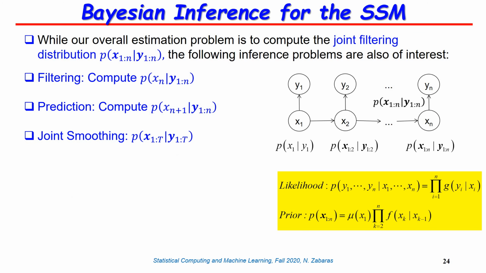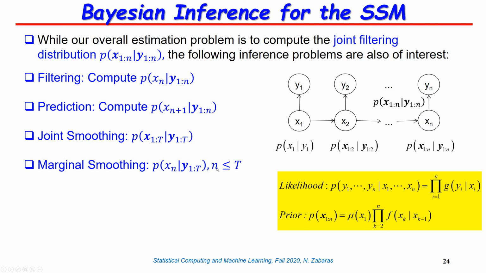And of course, if, let's say, you're going to run this dynamical model up to a total time of capital T, then maybe of interest is to compute the joint smoothing distribution. So to compute the joint distribution of all the x's given all the y's, or maybe to compute some marginal smoothing distributions.